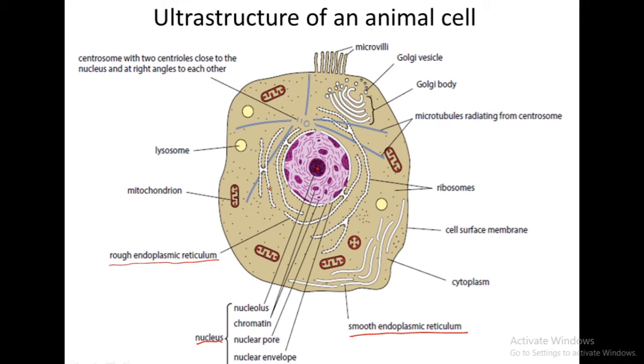It is called rough because it has ribosomes on it, and why it has ribosomes on it and what the function is, we will talk about later on. The smooth endoplasmic reticulum is smooth because it doesn't have any ribosomes attached to it. So this is the smooth endoplasmic reticulum, and this is the rough endoplasmic reticulum.